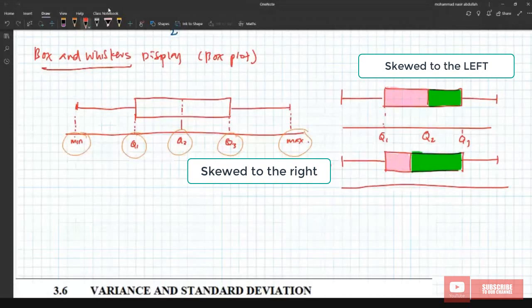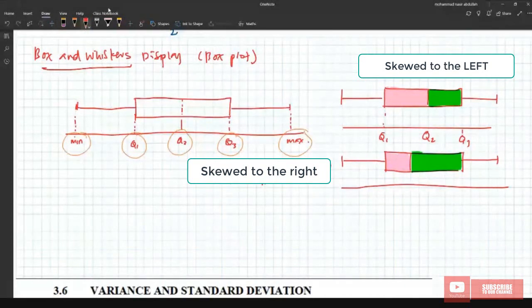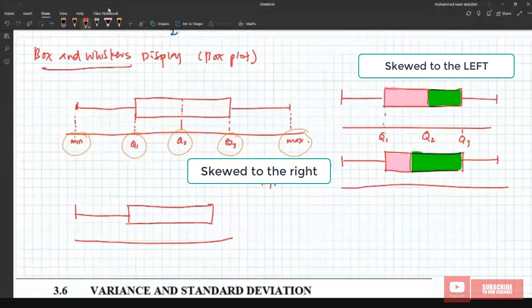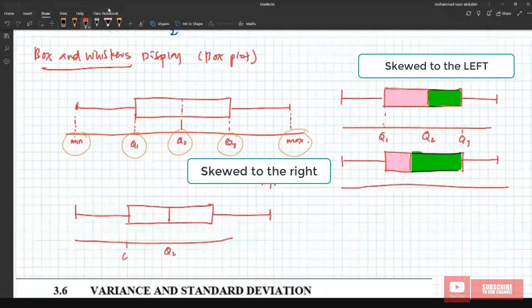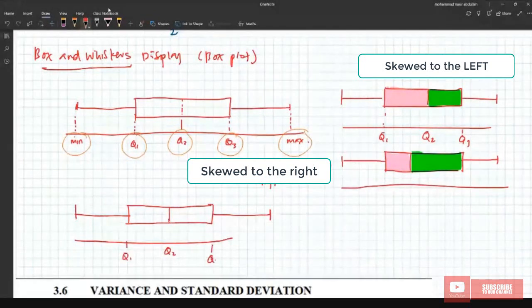When the area on the left hand side and the area on the right hand side are the same, this is what we call a symmetrical distribution, or normally distributed, right?